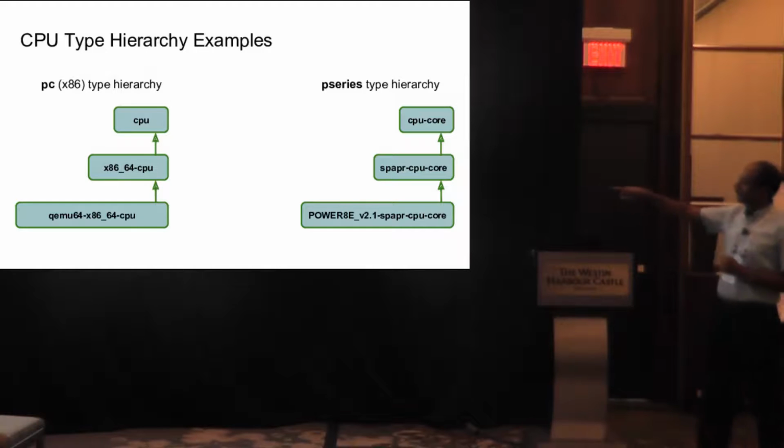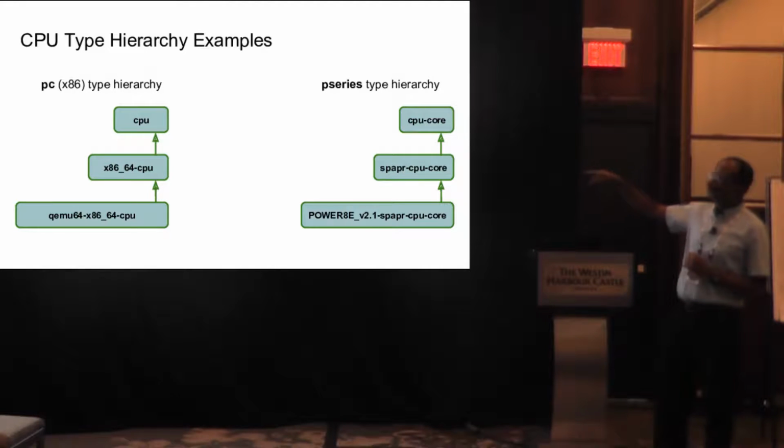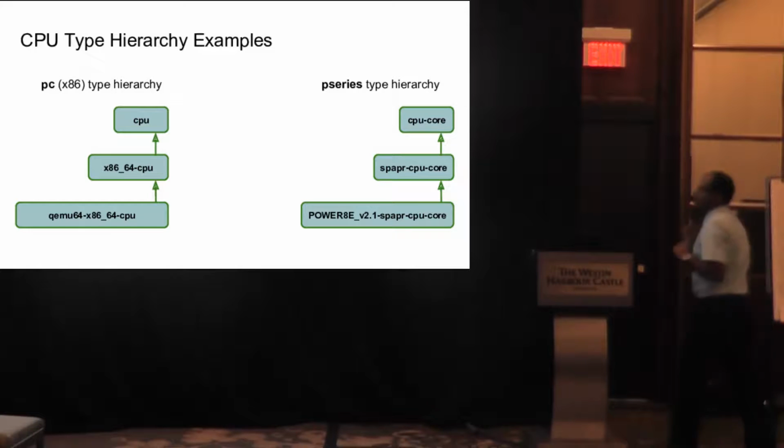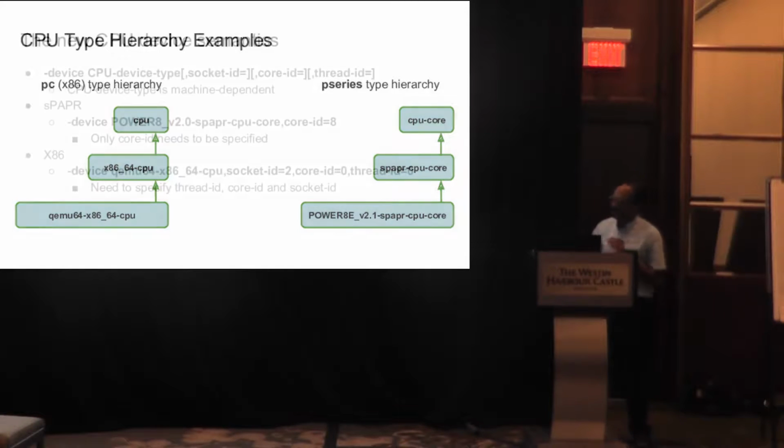In case of power, the example is about some version of POWER8E, where the core type is POWER8E, and it is inherited from the generic sPAPR core type, which again is inherited from the generic core type. So this is how the type hierarchy looks in the model.